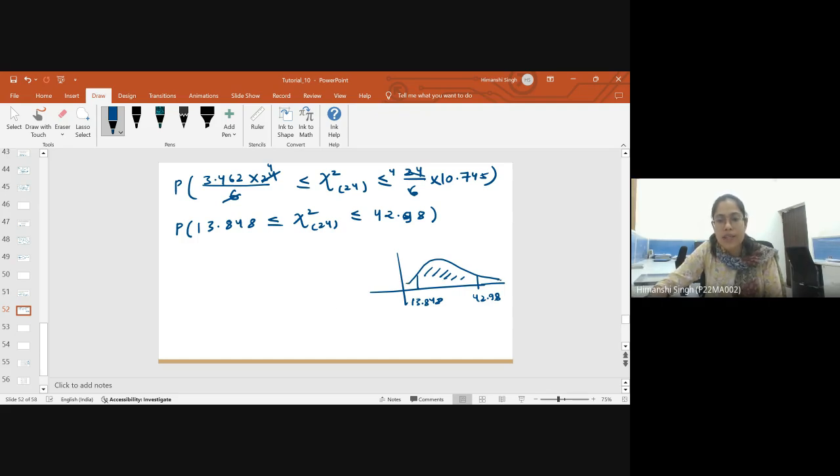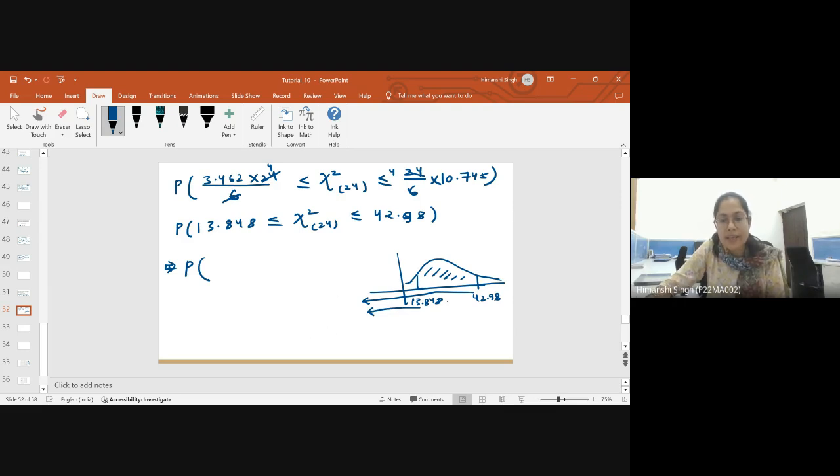I can write this area as the probability of chi square less than or equal to 42.98 minus the area up to 13.848.